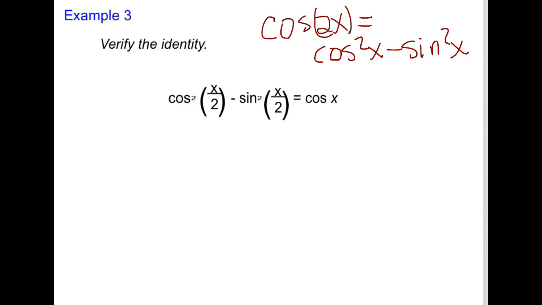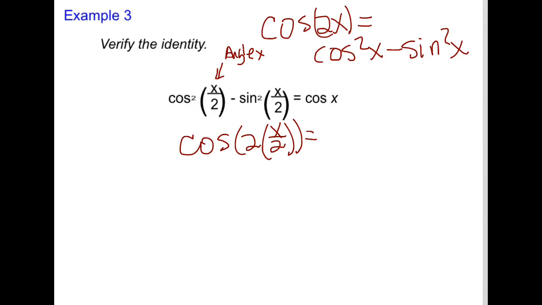And I am going to look at this x over 2 as simply my angle. That is my angle, x. What I mean by that is I am simply going to substitute my cosine of 2x for this and call this cosine of 2 times x over 2 and write my equal sign.